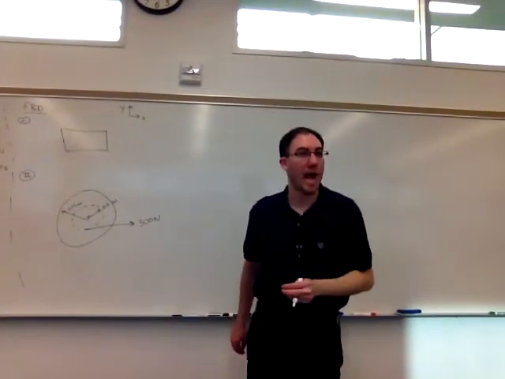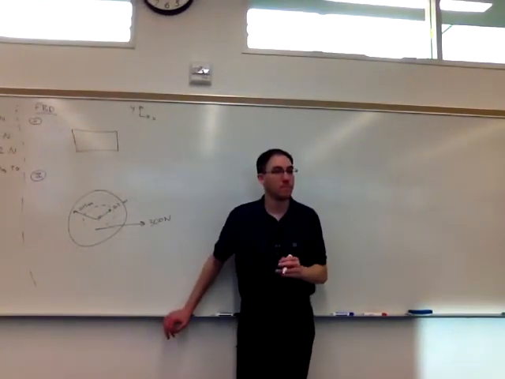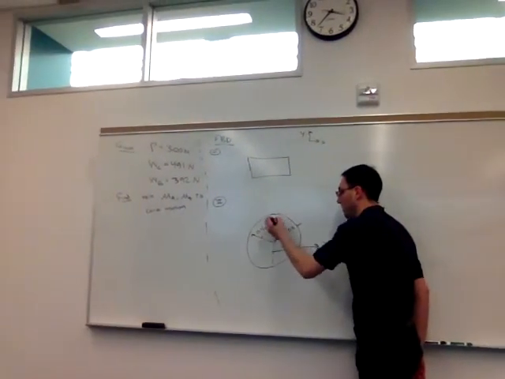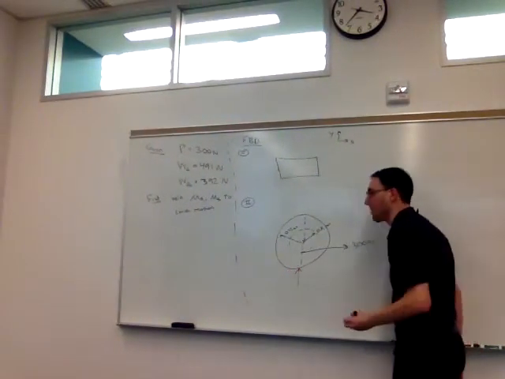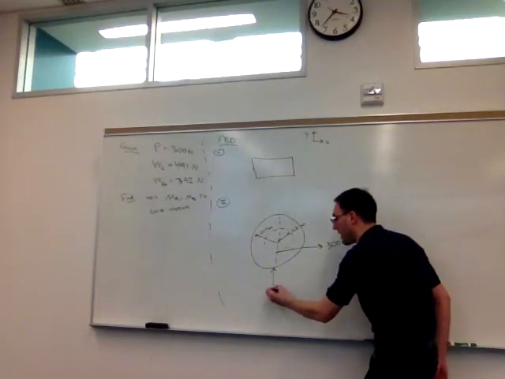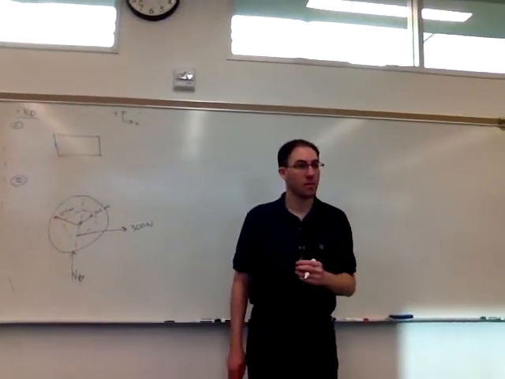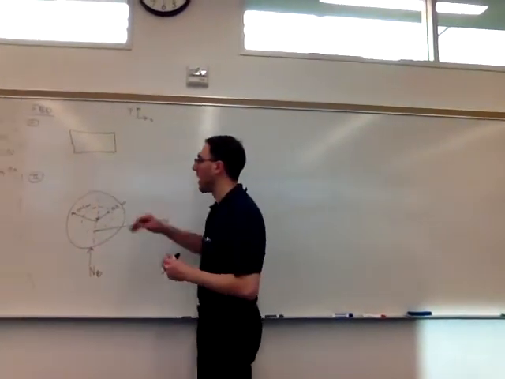What other forces are going to act on our spool? Right, it's resting on the ground, so there'll be a normal force there. I'll call that NB. The block is resting on here.